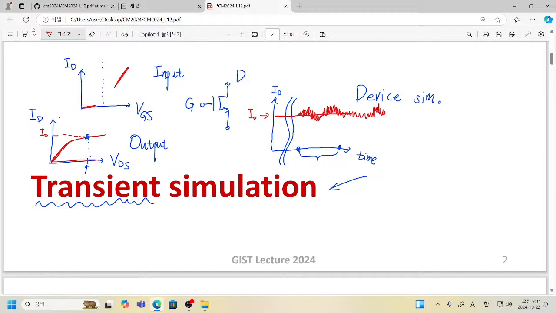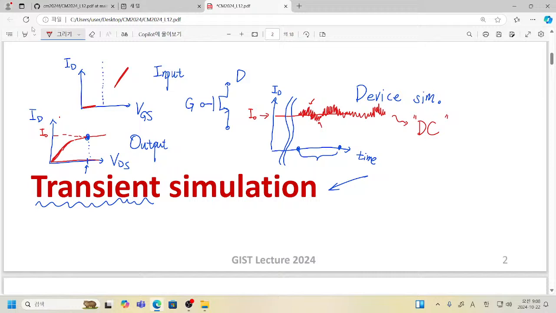Even when you have a perfect device, when you measure your drain current as a function of time on a real time scale, its value is always fluctuating. So when you ask whether this one is the right one or this one is the right one, we cannot say. So we just consider time averages, a time invariant quantity. Simply speaking, we just take the DC component of the drain current.